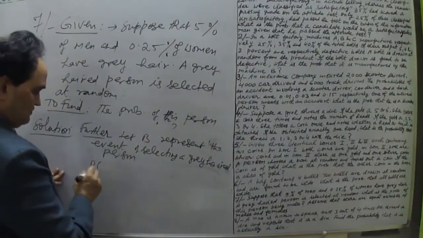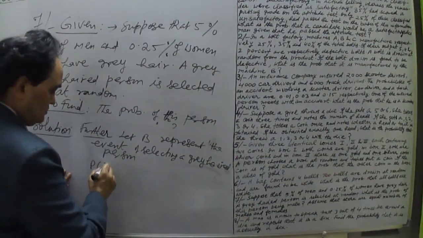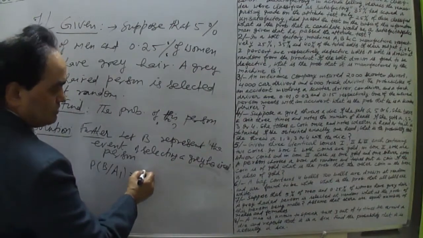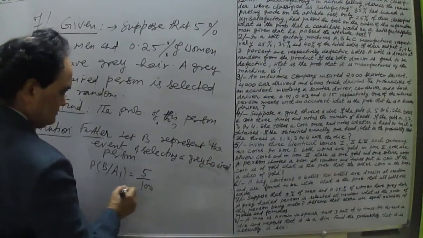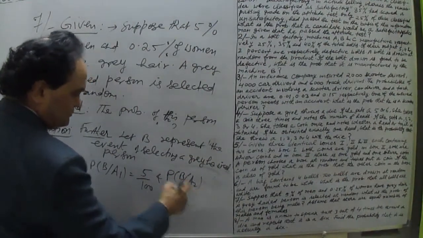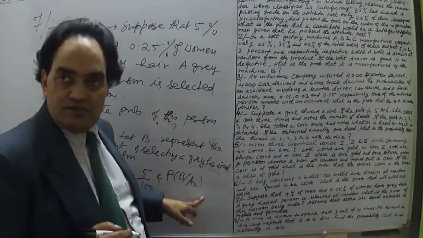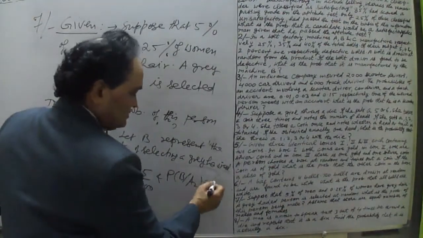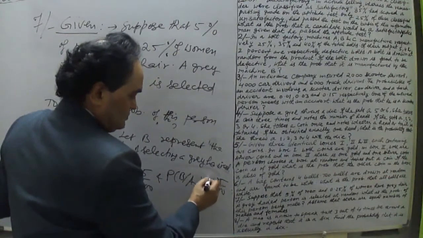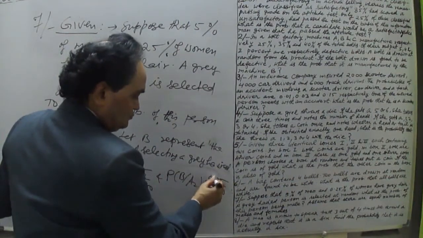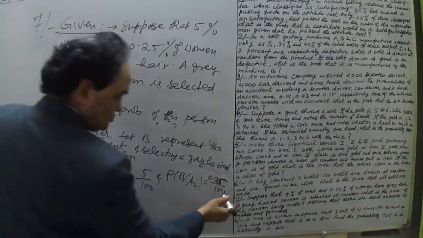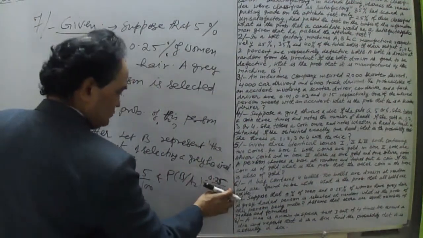The probability of B given A1, from a male, is 5 upon 100, and the probability of B given A2, a gray haired female selected, is 0.25 upon 100. 0.25 means 0.25%, and percent is per 100, so two more zeros are added in the denominator.